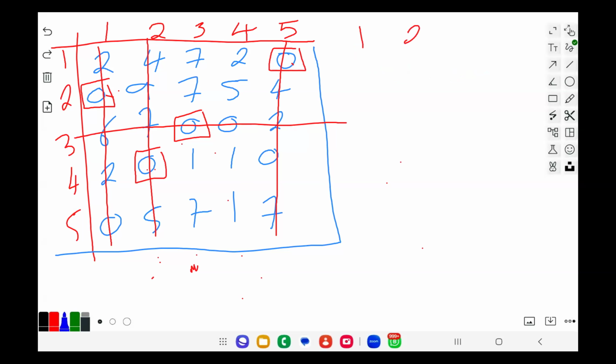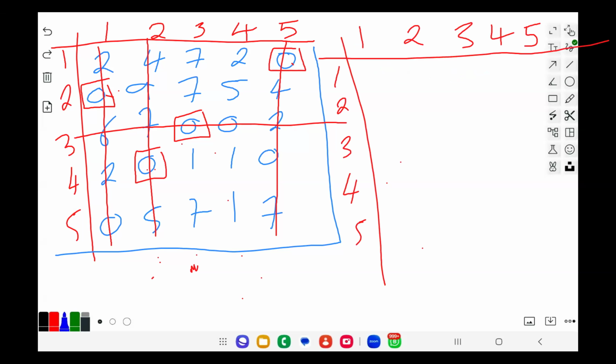1, 2, 3, 4, 5 rows and 1, 2, 3, 4, 5 columns, right? And when you do this, what did we say? The first thing, you identify the minimum value from undeleted cells.